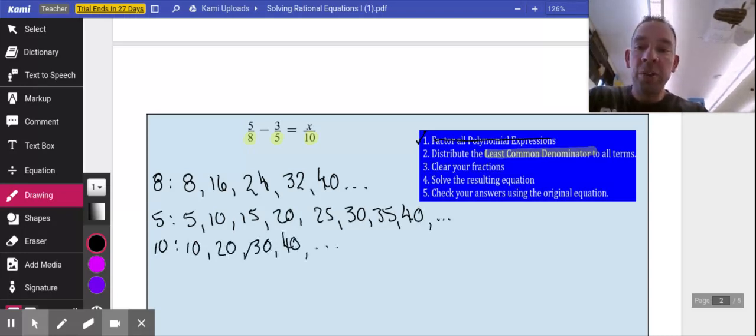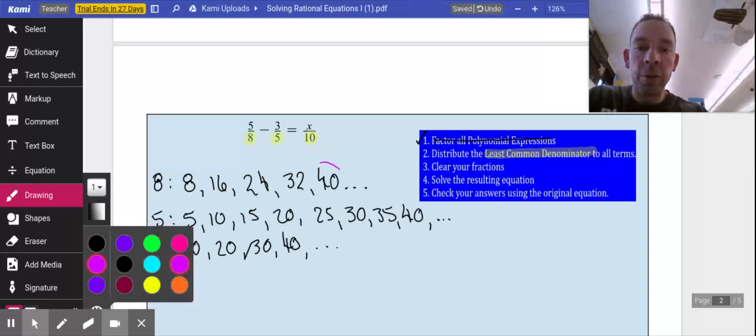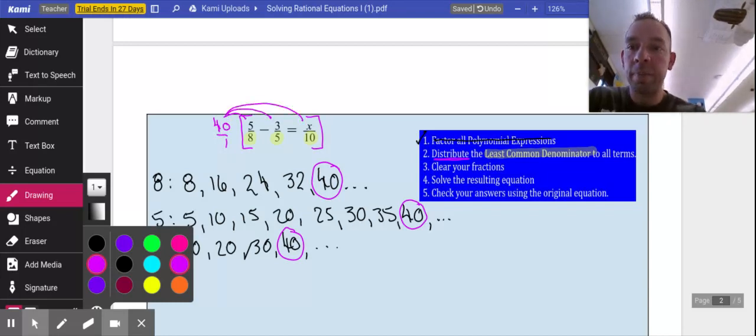What you'll notice is that 40 showed up on all three lists. That was the smallest number that showed up on every list, so I'm going to consider that my least common denominator, and distribute it throughout the entire equation. Imagine yourself putting brackets around the equation, and we're going to distribute a 40 to all three terms.